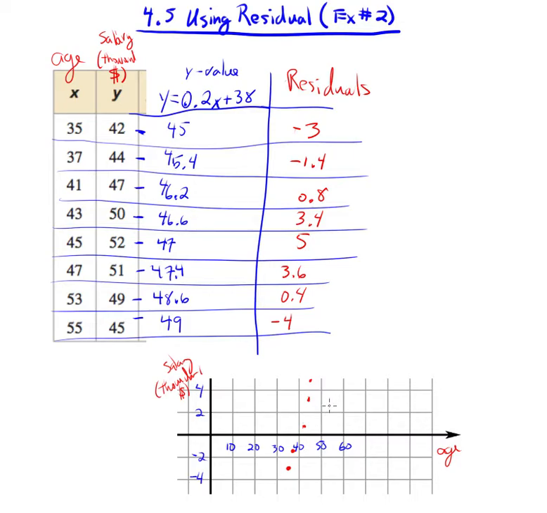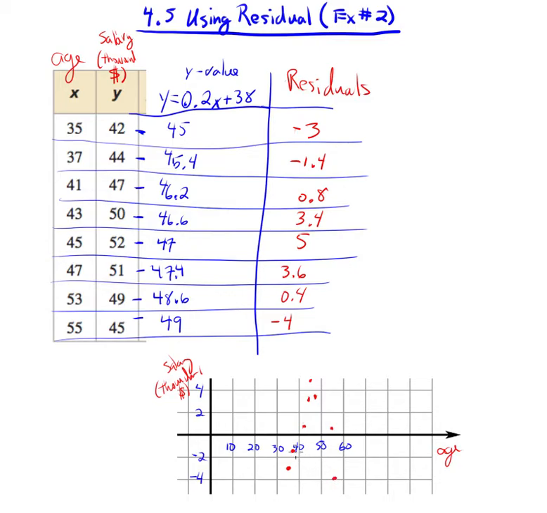The next one is 47, which is 3.6, so just a little bit higher than that other one. 53 is 0.4, so halfway would be 1, a quarter would be a half, so it's just a hair lower than that. And then 55 is -4.